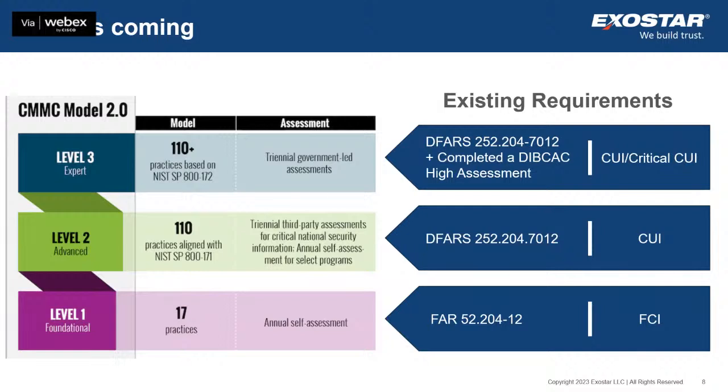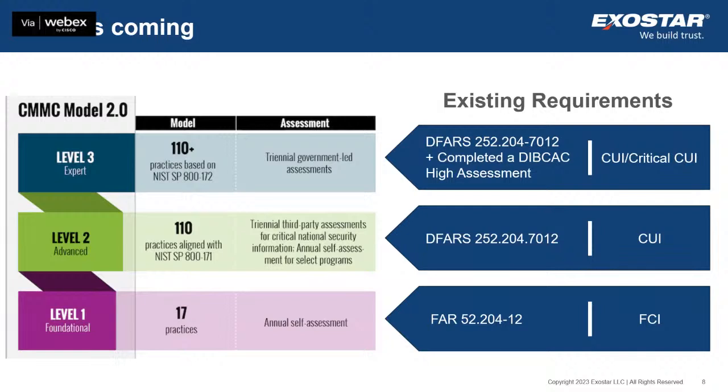In those cases, there are 17 practices that you need to be able to adhere to be compliant with that particular clause. That's that level 1. These are all things that people should have in place who are working on or fulfilling particular federal contracts.